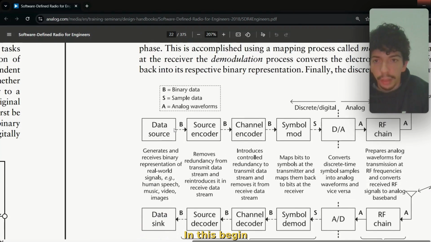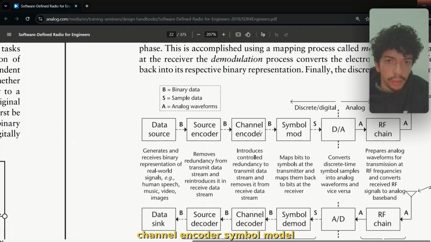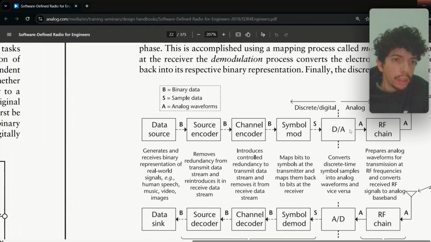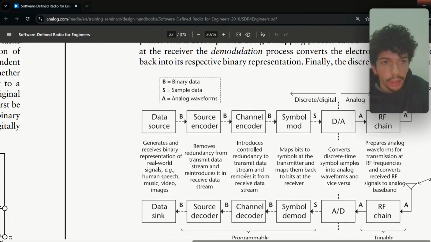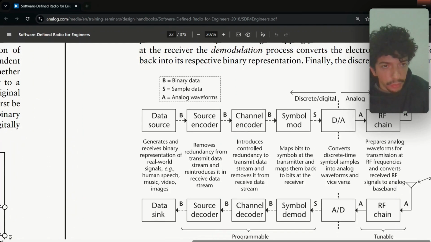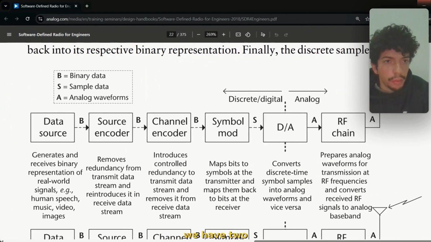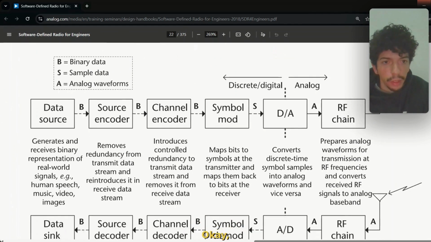In this begin, we have a data source. Next, source encoder. After channel encoder, symbol mode, DA converter, RF chain or radio frequency, and we have an antenna.